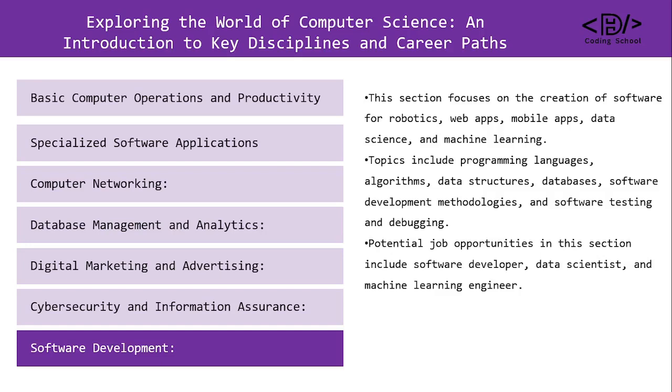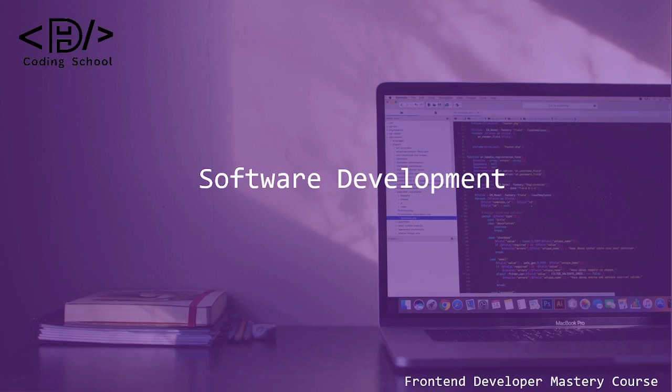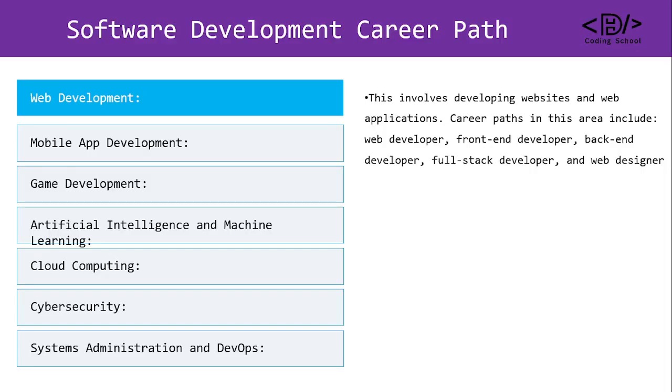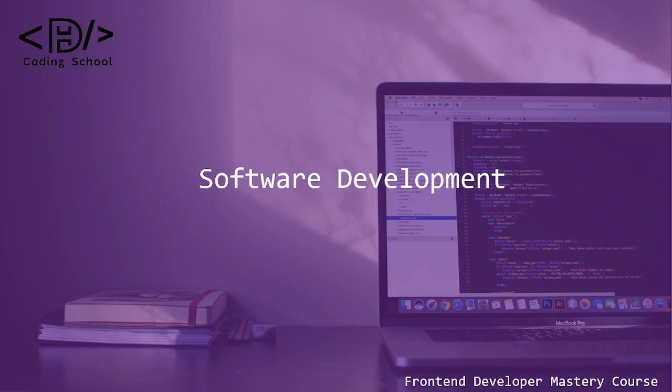So here there are very many job opportunities, of course with software developer being number one. You have data scientists, machine learning engineers, and so many others in this field. Right now, let's dive in and actually look at software development.